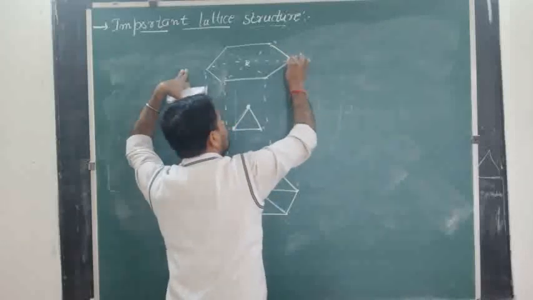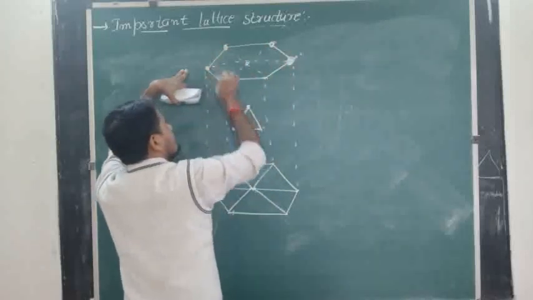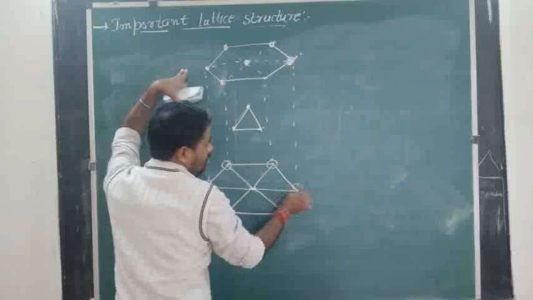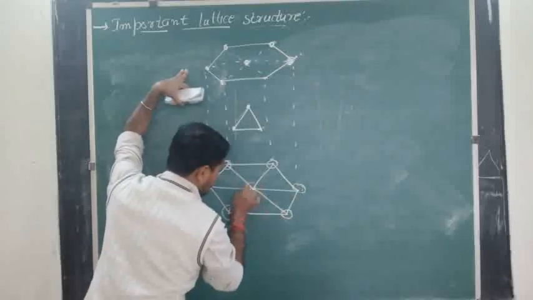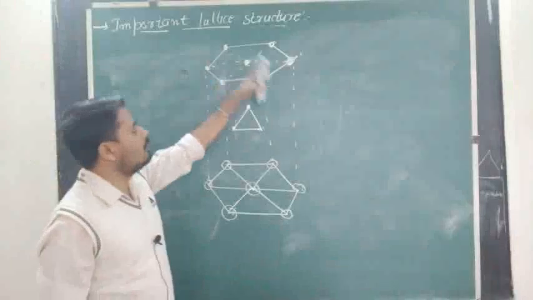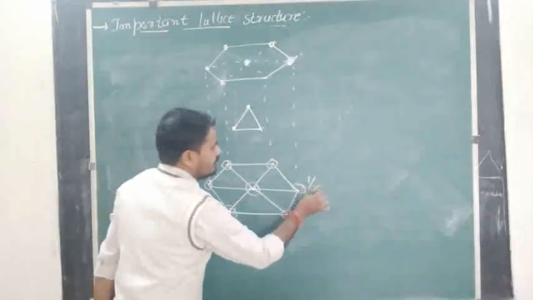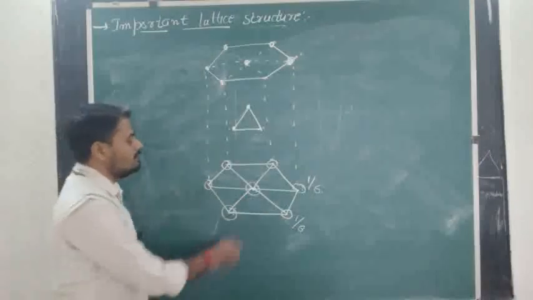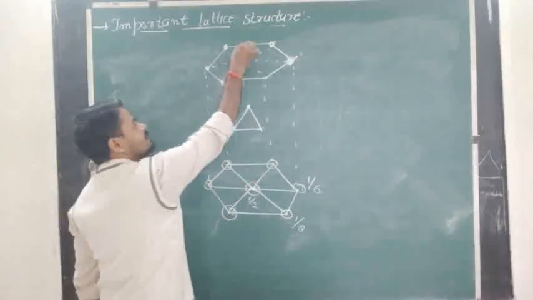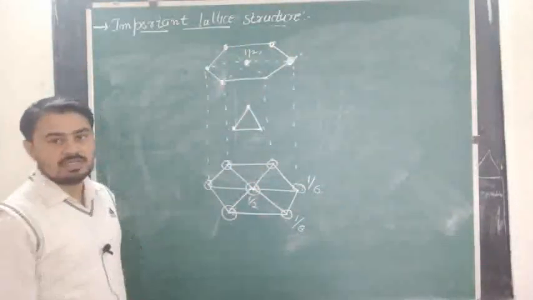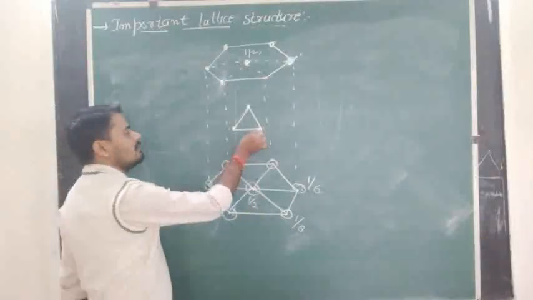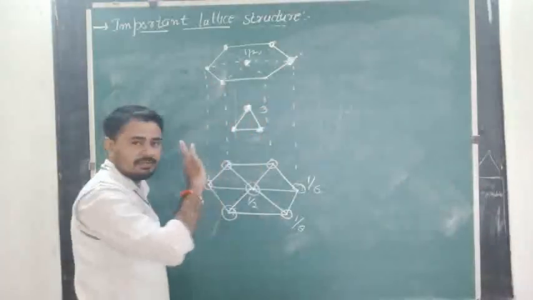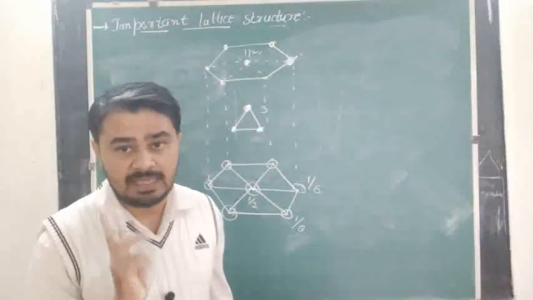Now the total number of atoms in this HCP is 6. Now you are thinking how? Let us see. The contribution of a corner atom is 1/6. The contribution of the center atom, above and below, is equal to half. The contribution of these 3 atoms which are present in the center is full, that means 3 atoms in the body.